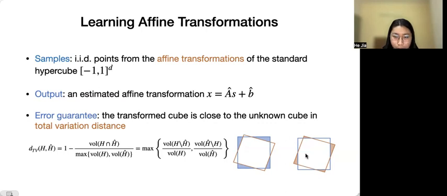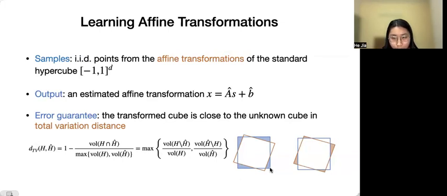So it is related to the volume of the difference between these two cubes. In this figure, we are comparing the orange cube and the blue cube.